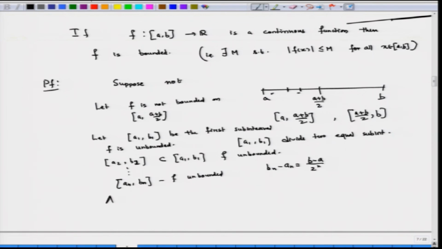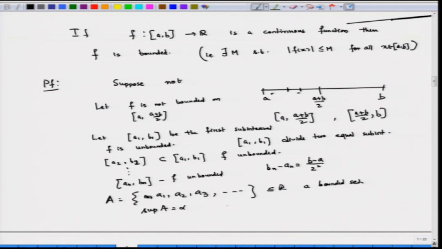Now we consider all the left end points a1, a2, a3, and so on. This is a bounded set, contained in R. So you take the supremum of A, equal to alpha; the supremum is going to exist.